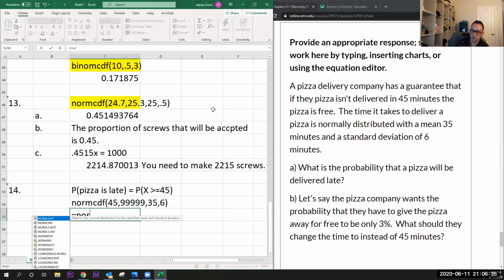On Excel, I would do norm.dist. It wants X, 45. It wants a mean, 35.